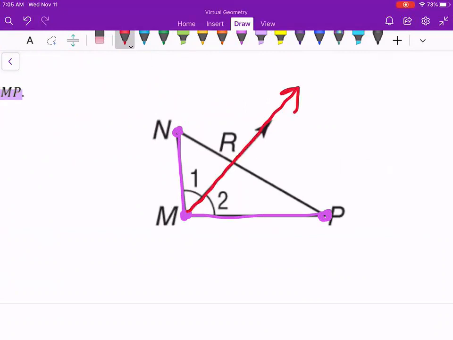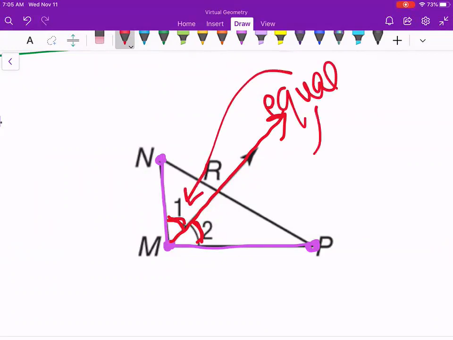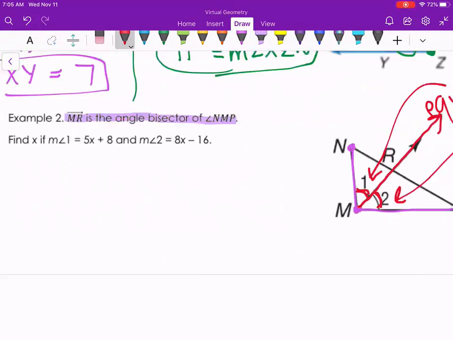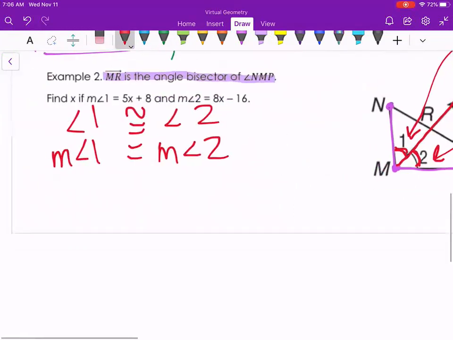So either side of that ray, where angle 1 and angle 2 are, they are congruent, or in this case, they're going to be equal. So then if angle 1 is congruent to angle 2, then the measure of angle 1 will equal the measure of angle 2. And now I can go back and check out what expressions I have for this.